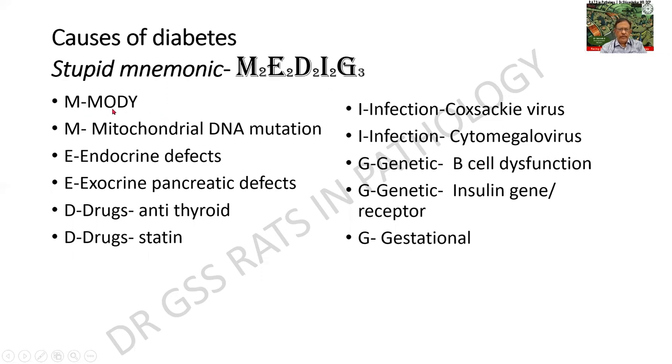M for MODY, M for mitochondrial DNA mutation, E endocrine defects, exocrine pancreatic defects, D drugs which can be antithyroid or statin, I infection, Coxsackie virus, cytomegalovirus, G genetic, B cell dysfunction, insulin gene or receptor dysfunction, gestational. I hope this will be a little easier, though it is not very logical. We shall follow this for the causes of diabetes.